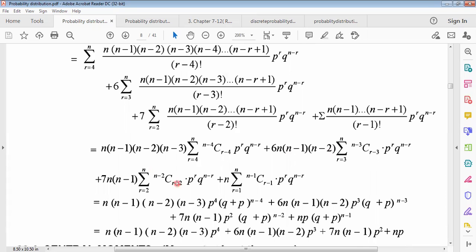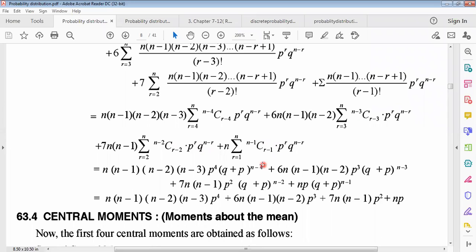So the first term has highest power n minus 4, the second term highest power n minus 3, the third term highest power n minus 2, and the fourth term highest power n minus 1. Now taking common n into n minus 1, n minus 2, n minus 3 from the first term, then p to the power 4 common to get p to the power r minus 4.